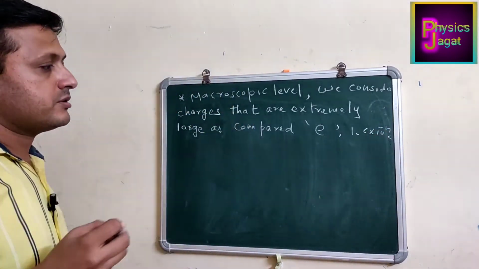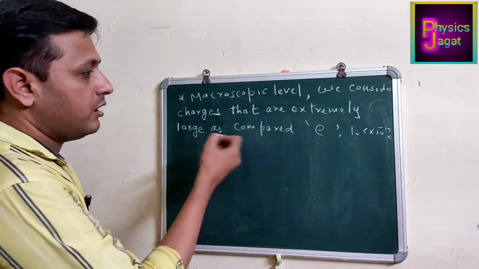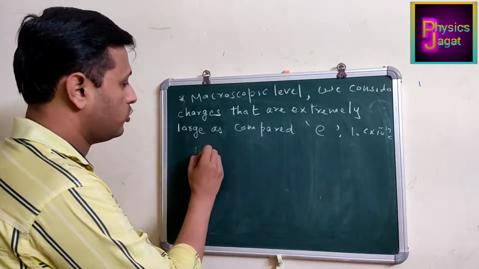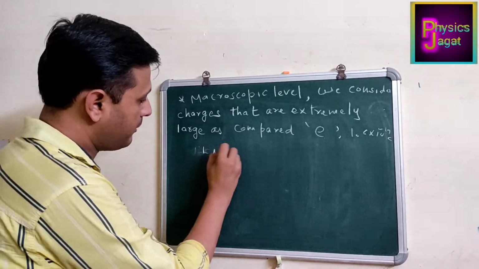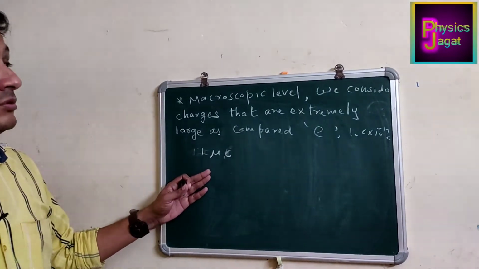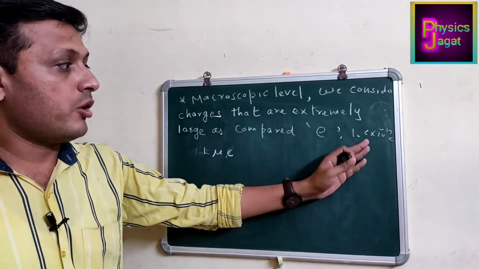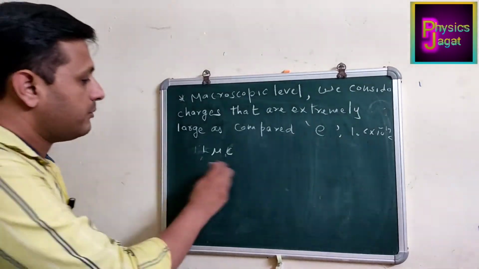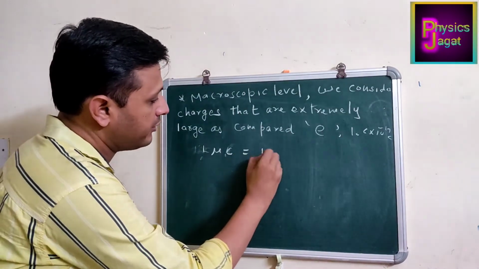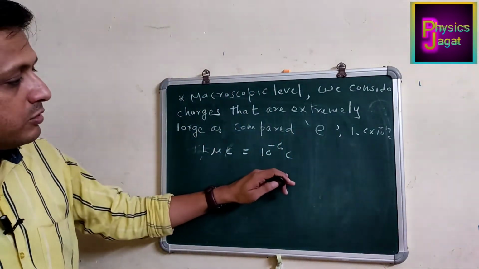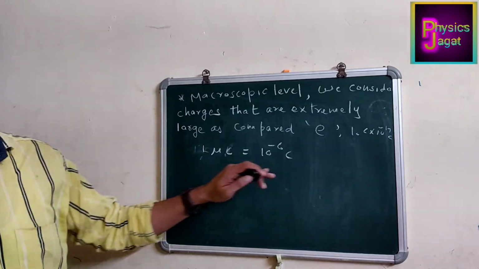As we have seen in the previous slide, we are going to deal not with 1 coulomb but with microcoulomb or millicoulomb. So 1 microcoulomb is also big compared to the charge 1.6 into 10 to the power minus 19 coulomb. Micro is 10 to the power minus 6, so approximately 1 microcoulomb is 10 to the power minus 6 coulomb.